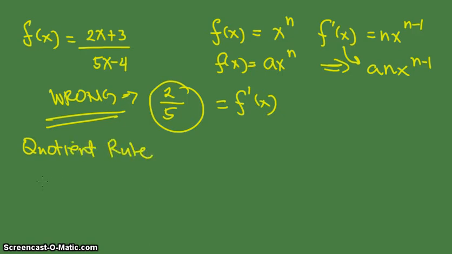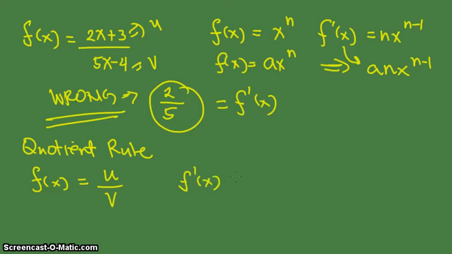In the quotient rule, let's say the function is given as an expression u over v. Think of u and v as two expressions, like 2x plus 3 and 5x minus 4. So this is the u and this is the v. What is the quotient rule?